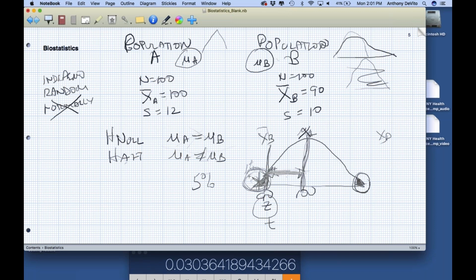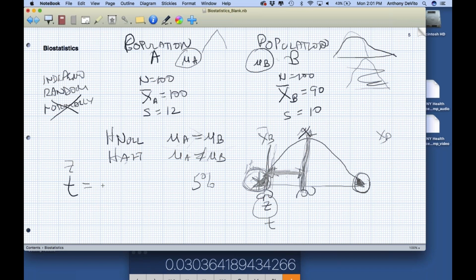So what we do is we calculate how many standard deviations apart these two are. But since we're dealing with samples, it's really how many standard errors apart. So what we want is we want to know what t is. T or z, right? Depending on the sample size or whatever we know.